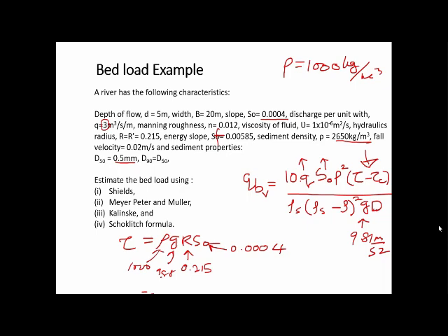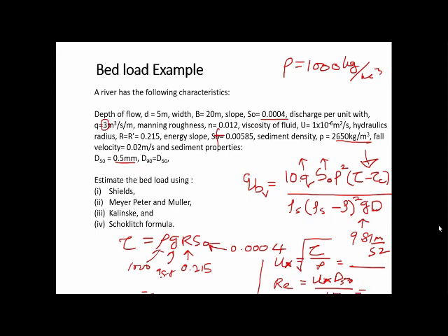And then you need to use the Shields diagram. In order to use the Shields diagram, you have to determine your shear velocity first. So shear velocity is equal to the shear stress divided by rho water. Then you get one value. And then you need to also determine your Reynolds number, which is equal to the shear velocity multiplied by the D50 sediment size divided by kinematic viscosity.